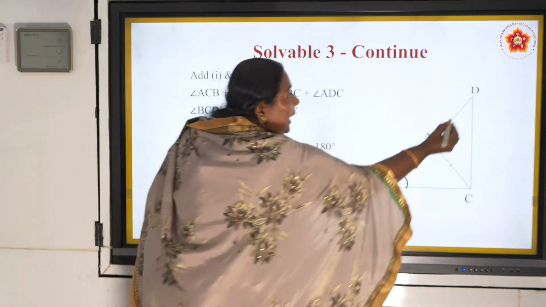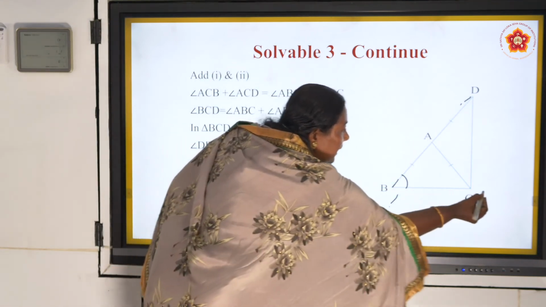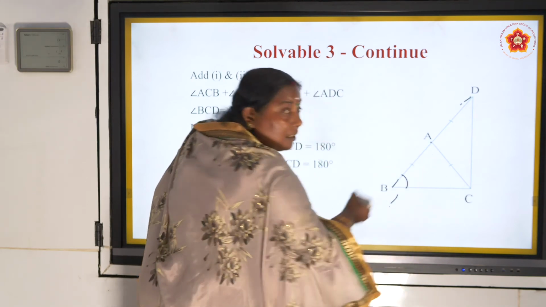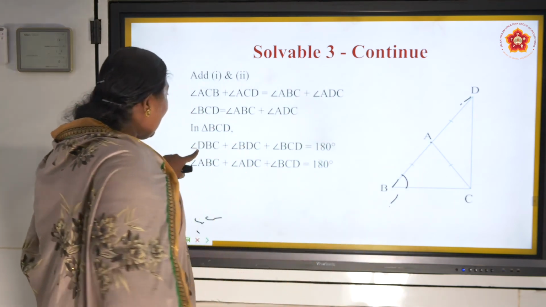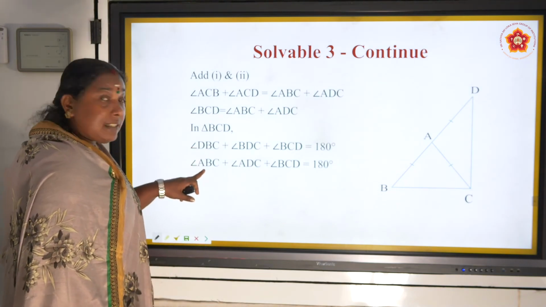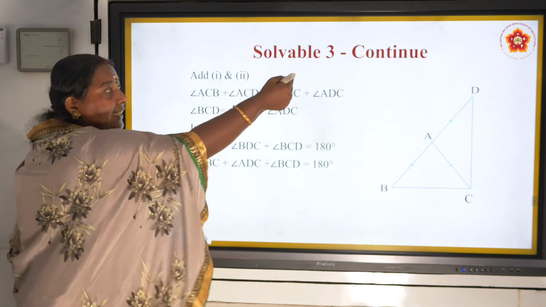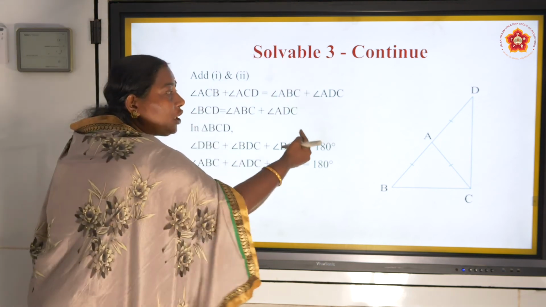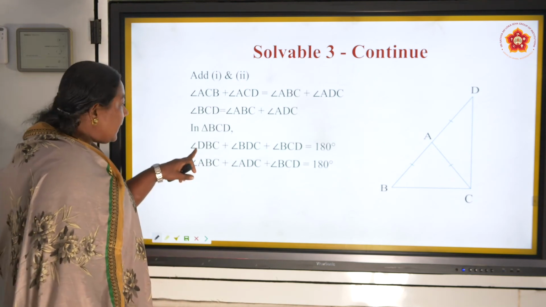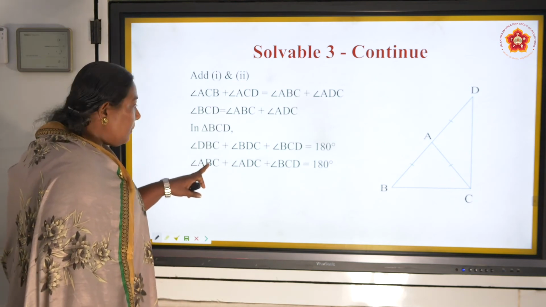So now DBC is equal to ABC. Now you understood why I have written DBC is equal to ABC. Why? Because D is the extended point of A. Correct? That is why we have written DBC as ABC.